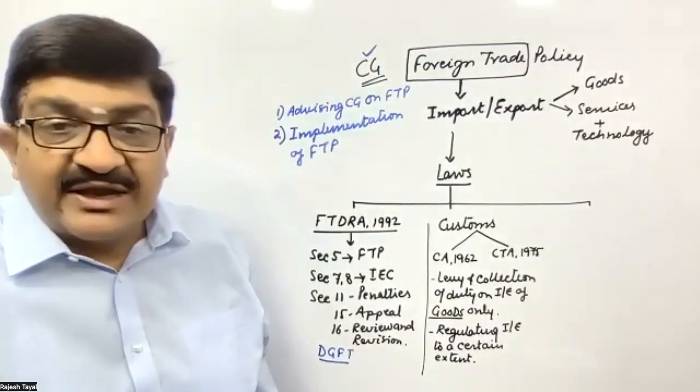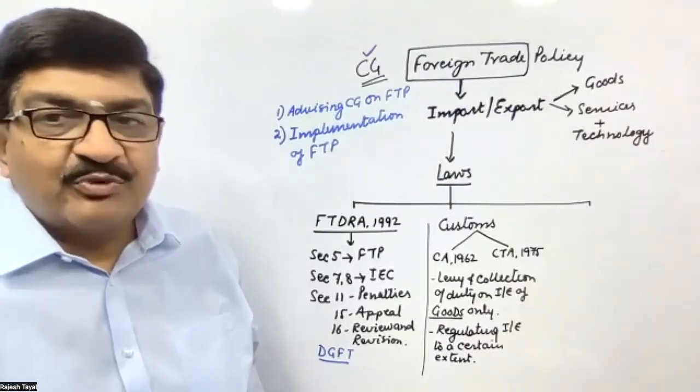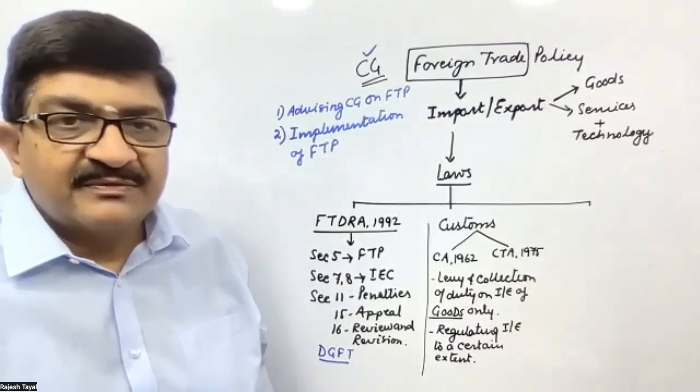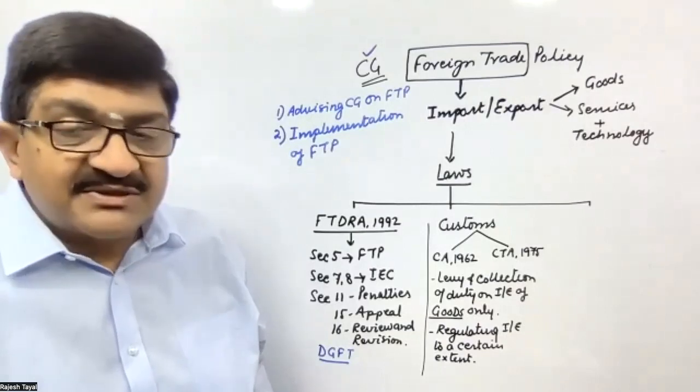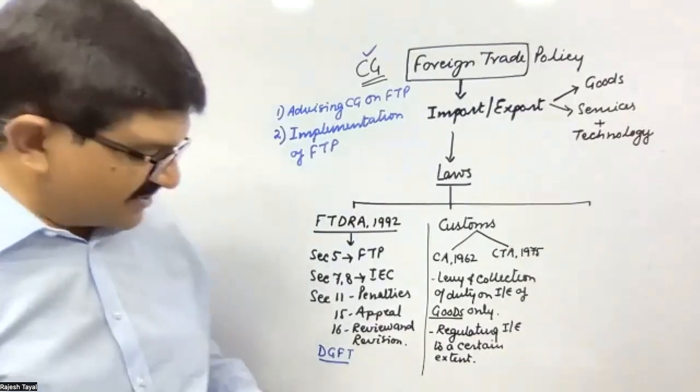This Customs Act cannot regulate entirely. So that's why it is regulating import-export to a certain extent. What it does, that we'll see later on when we come to the customs law. Okay, so this is about the customs.